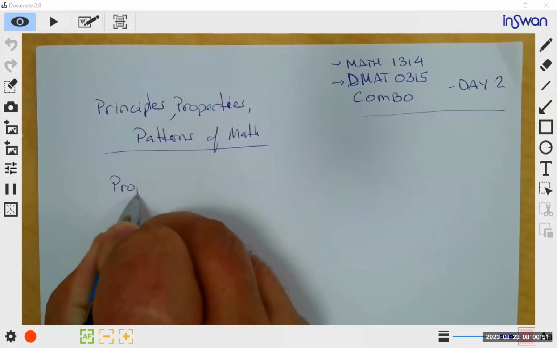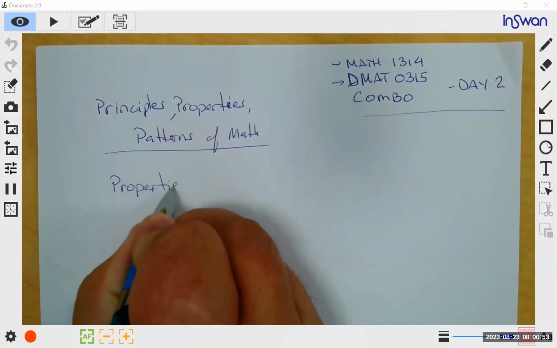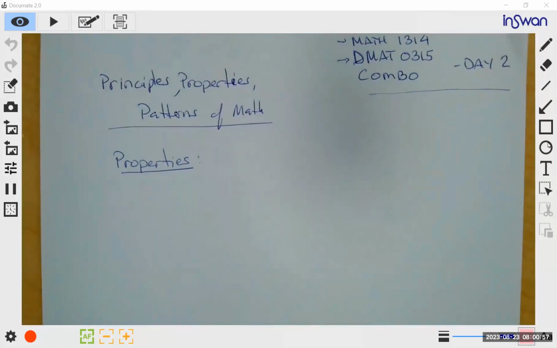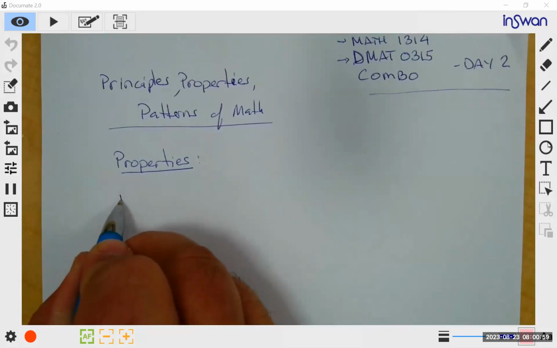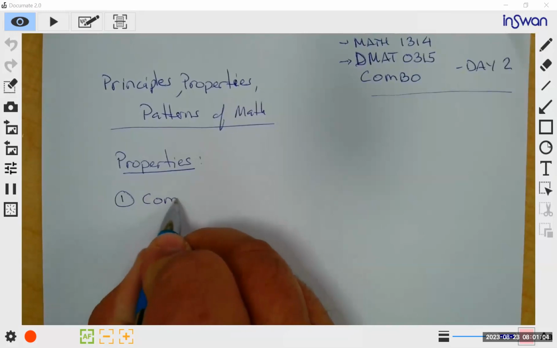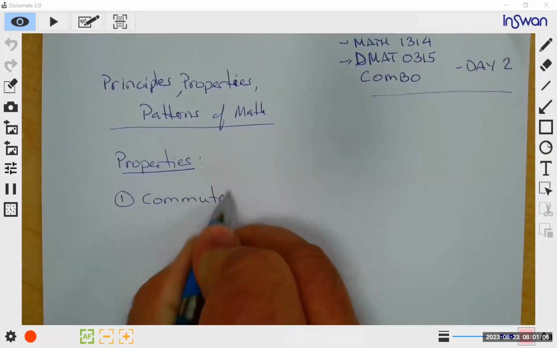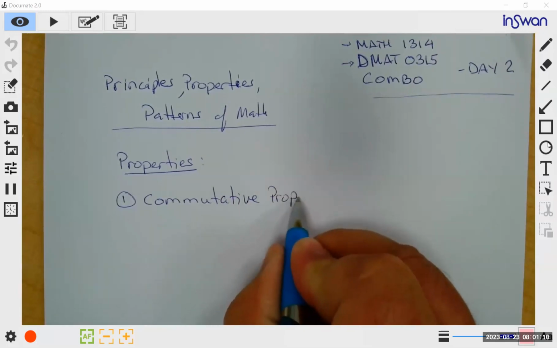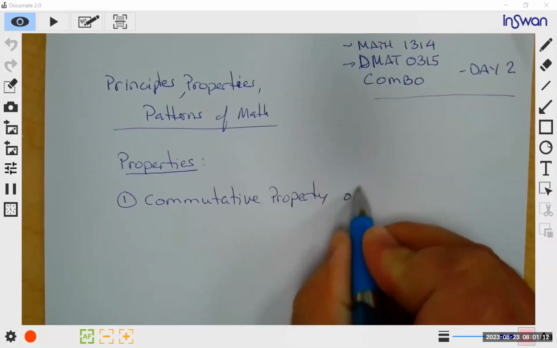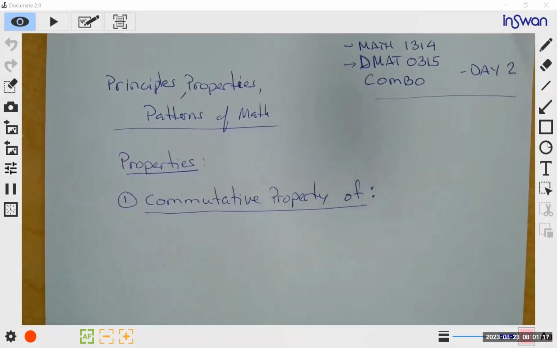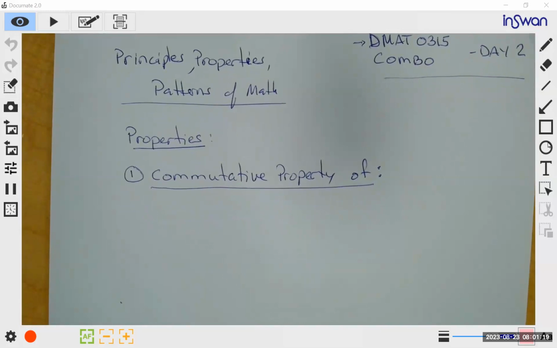Let's first talk about the properties. The first property is the commutative property. What does commutative mean?